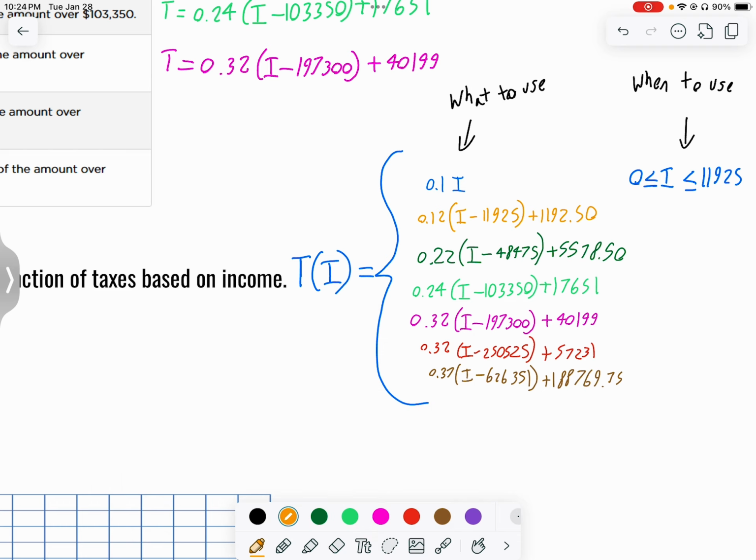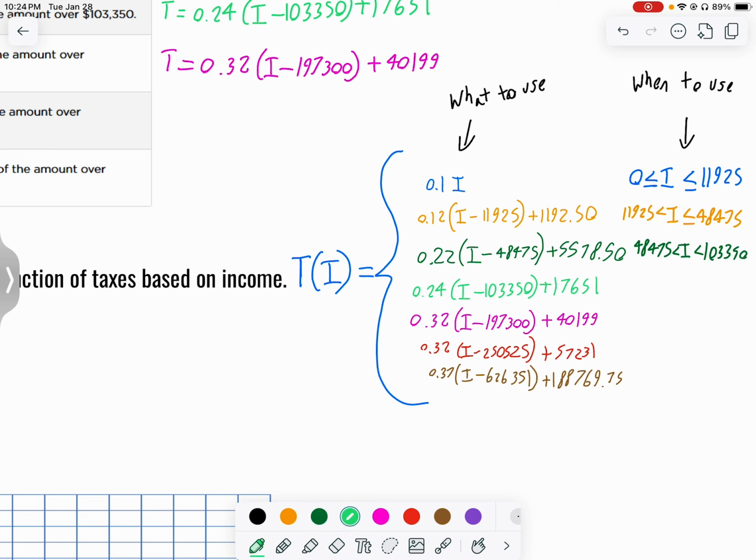All right, let's do our next one. Switch to orange. This goes from 11,925 all the way to 48,475. Boom. Next one. We've got 48,475 less than I, less than 100,350.